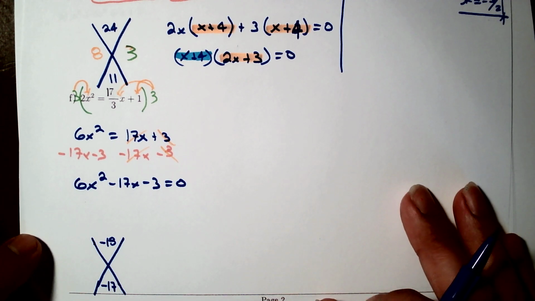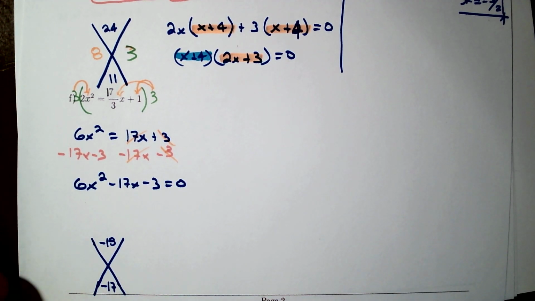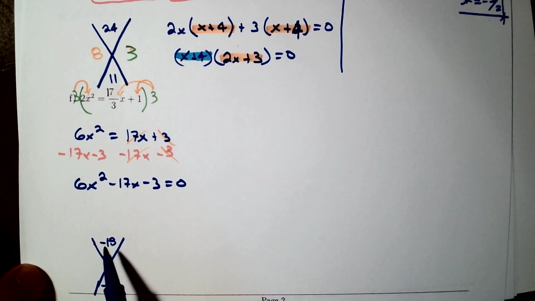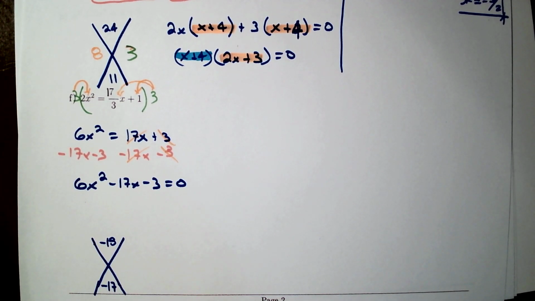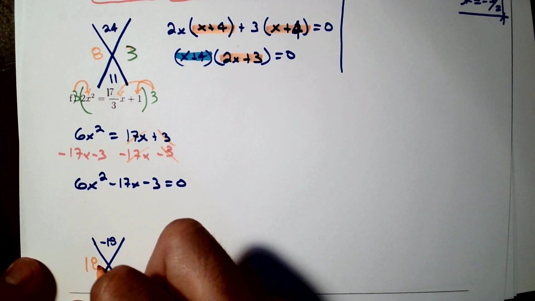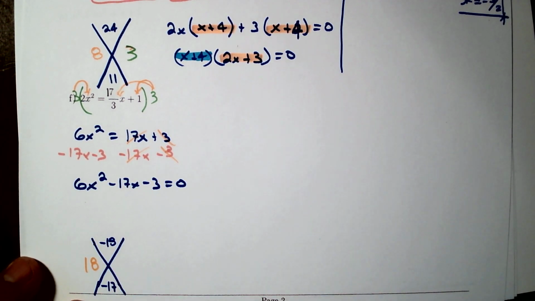So then from here, I'm going to look for factors of negative 18 that add up to negative 17. Well, 9 times 2 is 18, but negative 9 times 2 is not going to give me negative 17. So 6 times 3, that's 6 plus 3 is not going to give me any combination of 17. So in this case, I'm going to use 18 itself and 1.